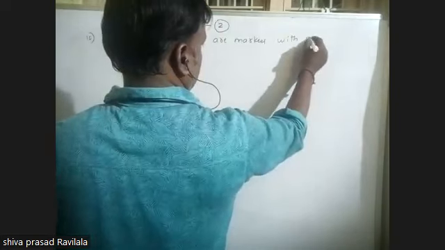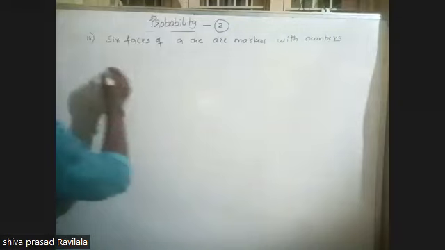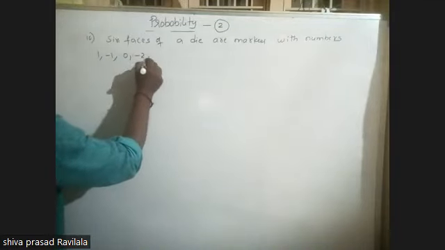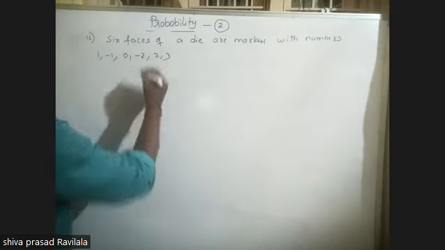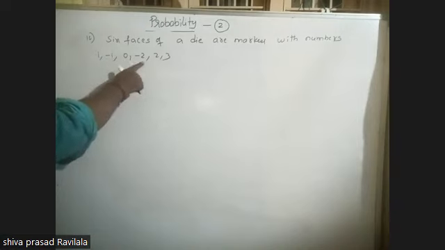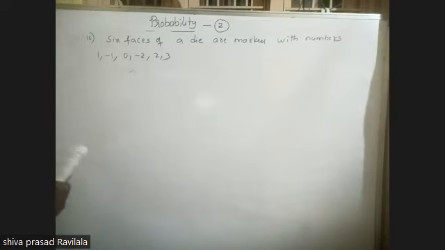A die normally has numbers 1, 2, 3, 4, 5, but I change those numbers: 1, -1, 0, -2, 2, 3. One face has 1, second face -1, third face 0, next face -2, fifth face 2, and last face 3.